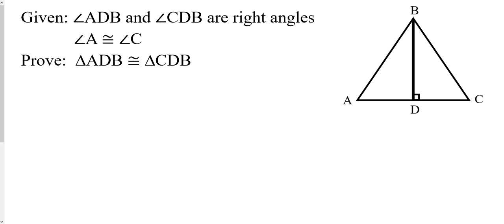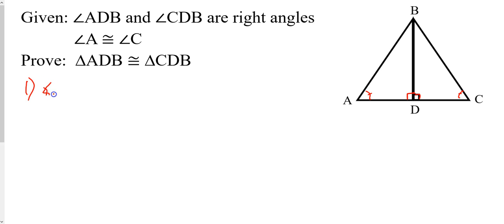Given that angle ADB and angle CDB are right angles, and that angle A is congruent to angle C, prove that the two triangles are congruent. So we would start off by rewriting the given.